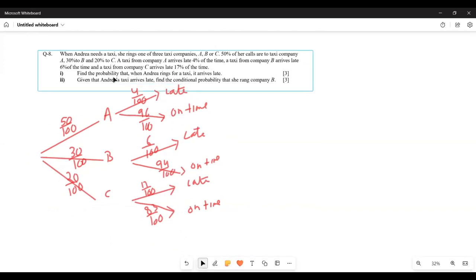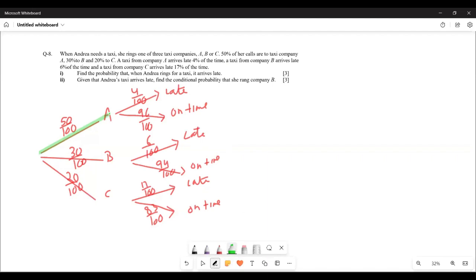Find the probability that when Andrea rings for a taxi, it arrives late. So probability that it arrives late would be कि उसने A टैक्सी बुलाई और वो लेट आती है 4% of the time, फिर या उसने टैक्सी B बुलाई और वो लेट आई 6% of the time, या उसने बुलाई टैक्सी C and that was late 17% of the time.